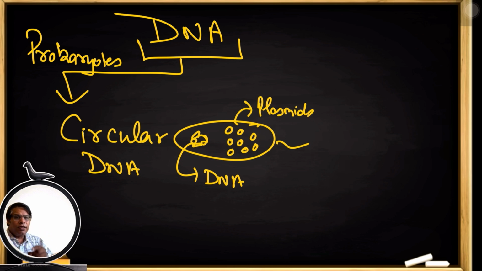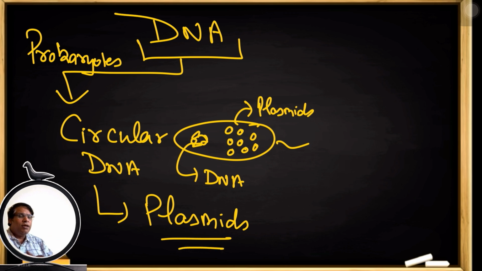So in the case of prokaryotic cells like bacteria, you can see the presence of plasmids, and when we discuss plasmids, you will learn that these plasmids may carry drug resistance genes. So keep in mind, in bacteria you are going to have extra-chromosomal DNA elements which are known as plasmids.